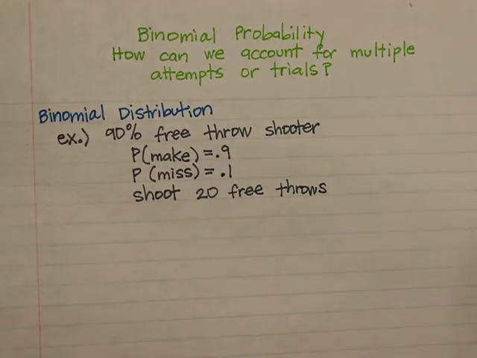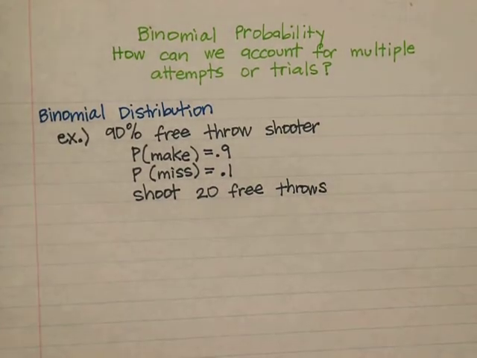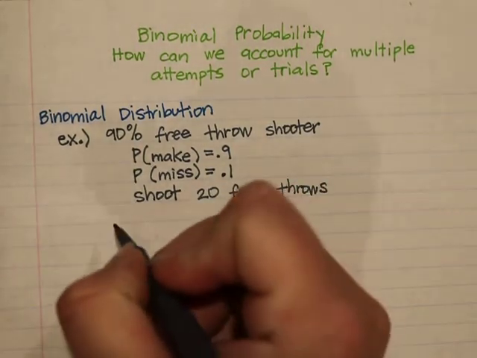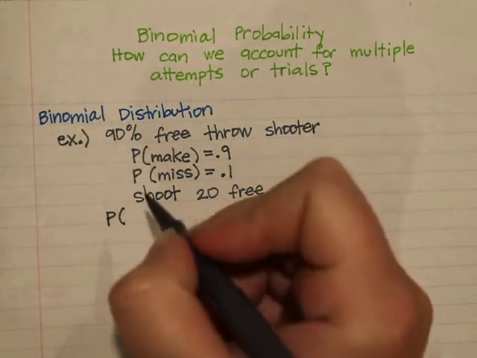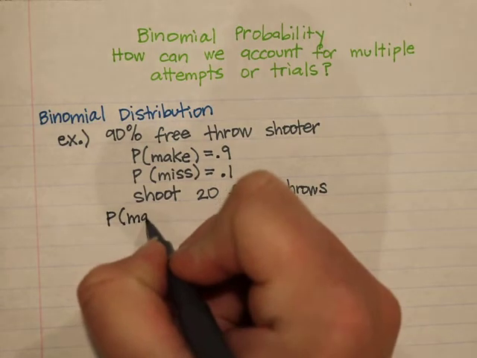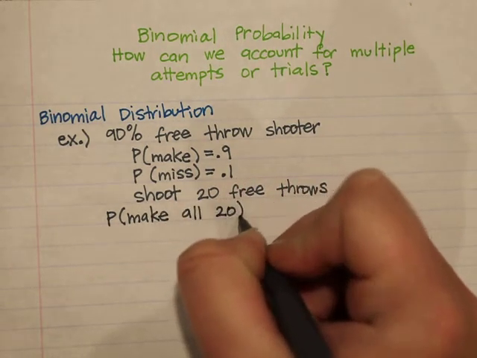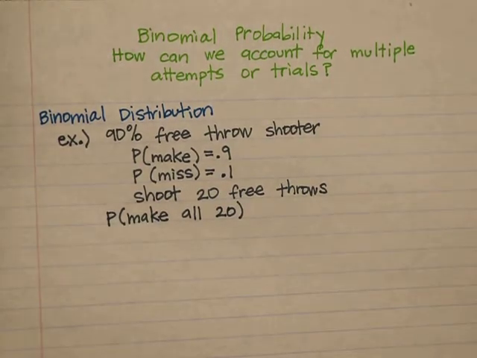Okay. So the first question I have is, what is the probability that he makes all 20? So what's the probability of making all 20? Okay, so that means he goes make.